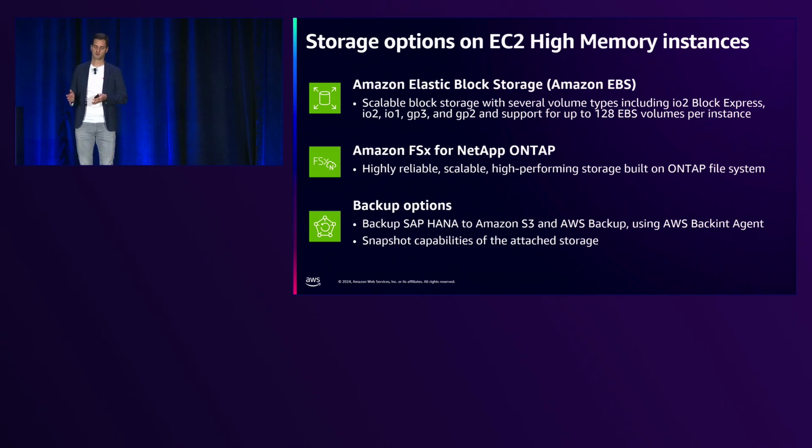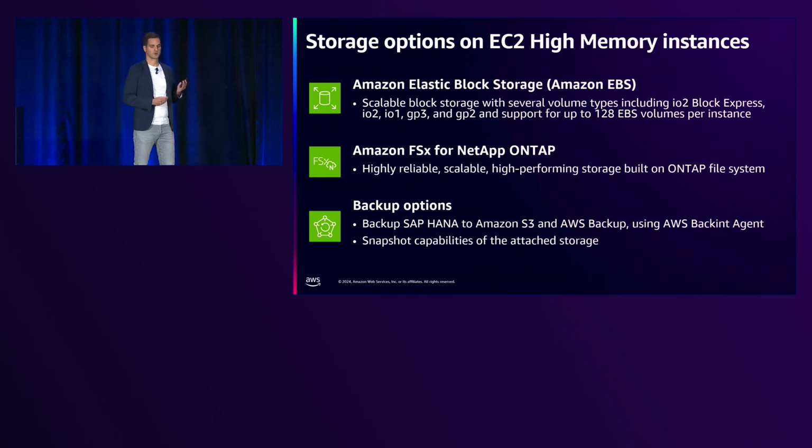For backup purposes, we provide Amazon S3 as an object store, which is designed with a durability of 11 nines to store your backups in multiple devices distributed across a minimum of 3 availability zones. So the backup is stored in the most reliable fashion here. You can also use the snapshot capabilities of the storage option. So you can use EBS snapshots or the FSx snapshot capabilities as well.